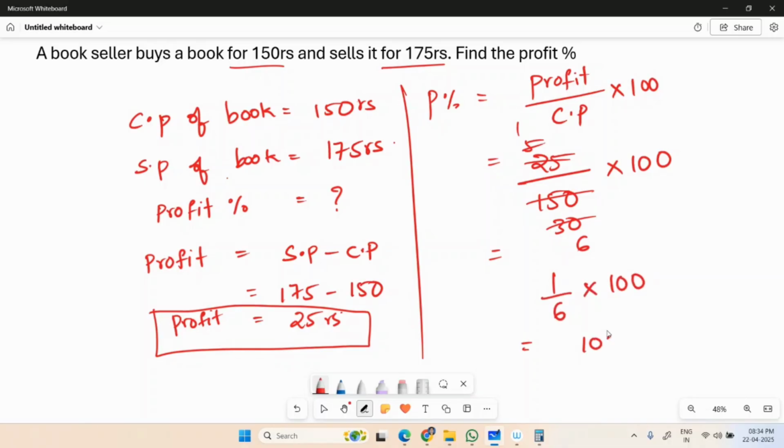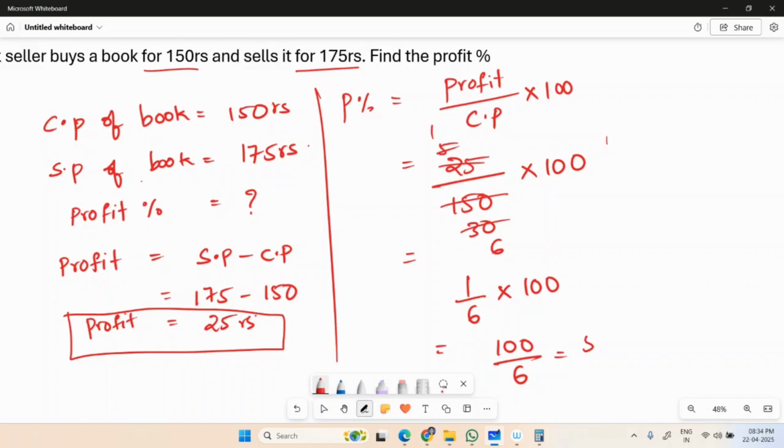So 1 out of 6 times 100, which is nothing but 100 by 6. 100 by 6, if we convert into lowest form, we will get 50 out of 3. Now 50 out of 3, we have to convert into a mixed fraction because this is an improper fraction. 3 sixteens are 48 plus 2 is 50 out of 3 percent. So the bookseller gets 16 2/3 percent profit.